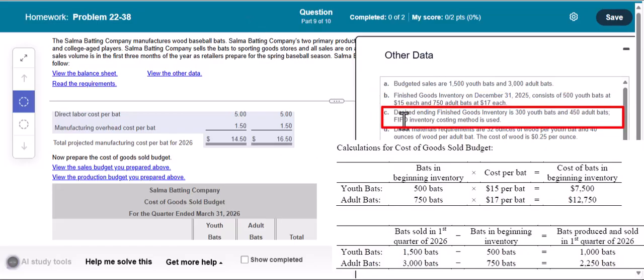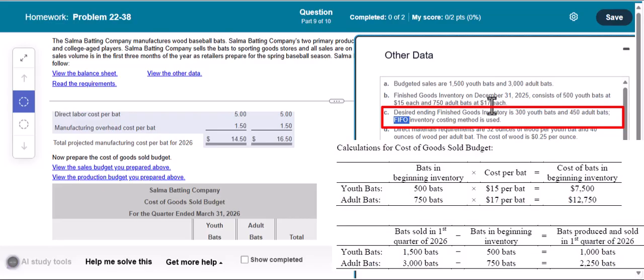So here is the key. When this company keeps track of inventory, they use the FIFO, first in, first out method. So in other words, when we sell some bats, the first ones in, which are these 500 and 750 bats, are sold at this $15 each and $17 each.